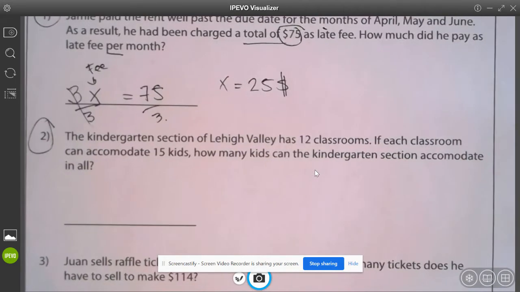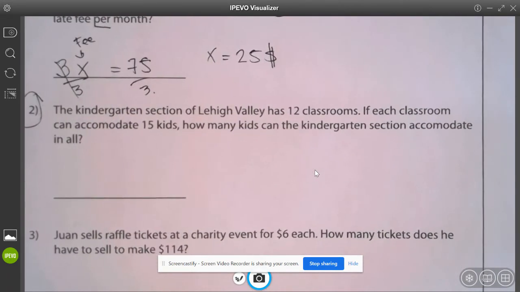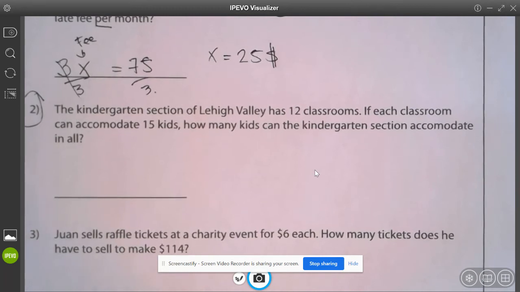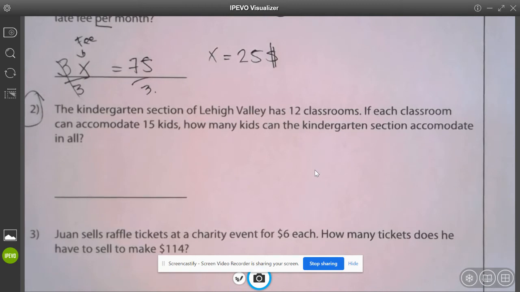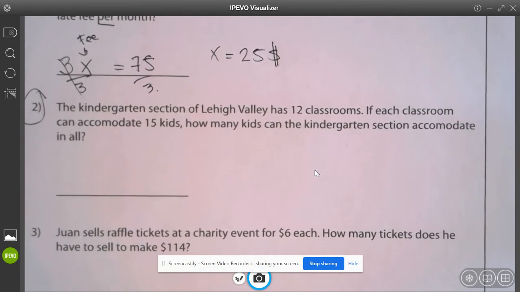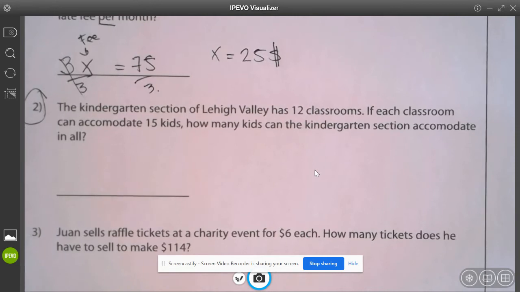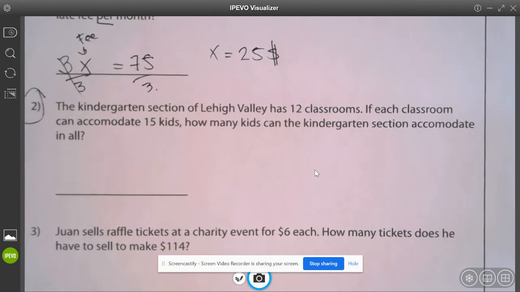All right, let's do number 2. The kindergarten section of Lehigh Valley has 12 classrooms. If each classroom can accommodate 15 kids, well, that sounds like a division problem. How many kids can the kindergarten section accommodate in all?